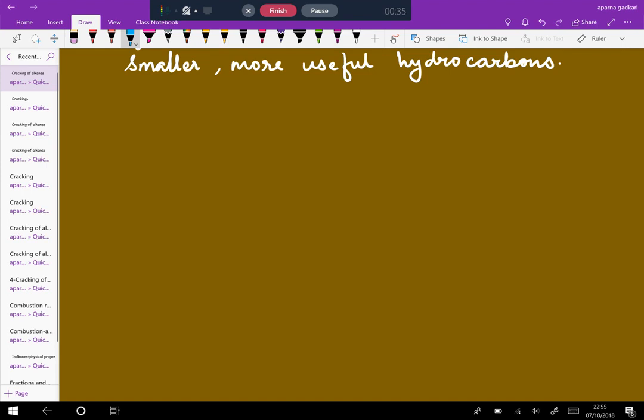So now for example, I crack my decane. The formula for decane is C10H22. Now when decane is thermally decomposed, heat will be supplied, and if I'm using a catalyst, there will be a catalyst written below the arrow.